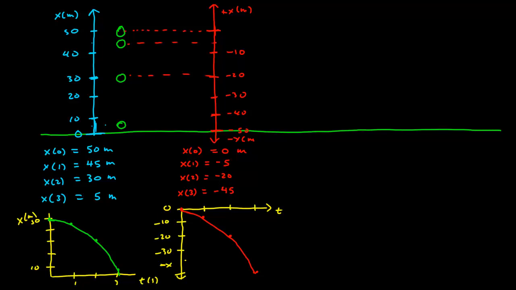Now let's try one more coordinate system. I'm going to keep my 0 here. This is my x equals 0. But in this case, my positive axis is going down. This is my positive axis in meters.